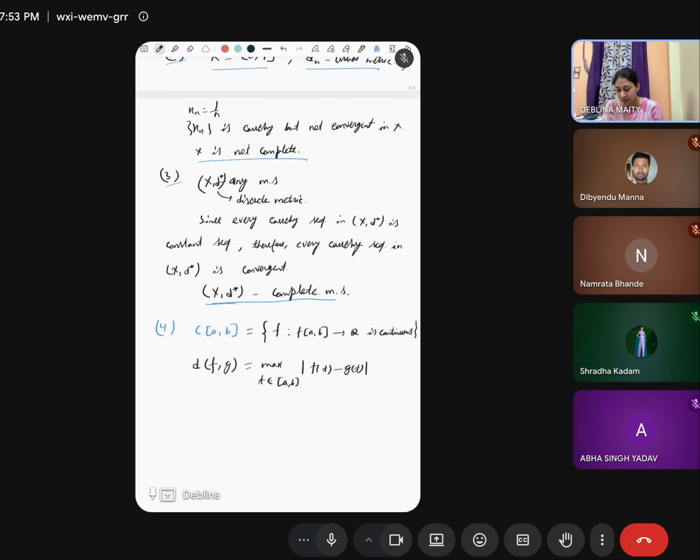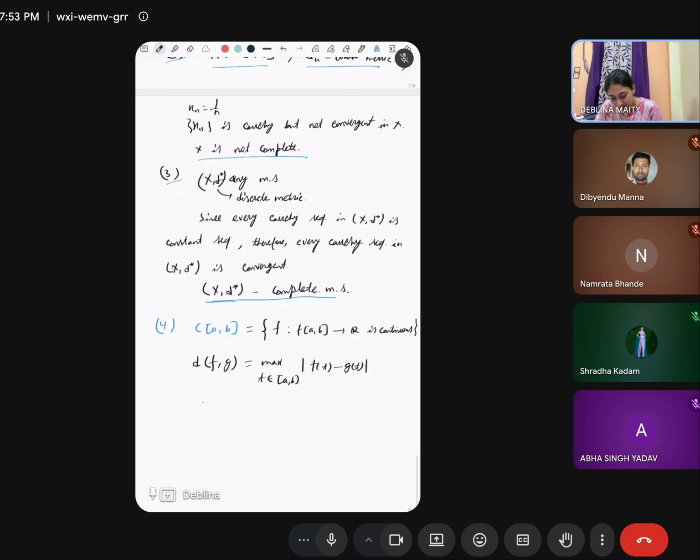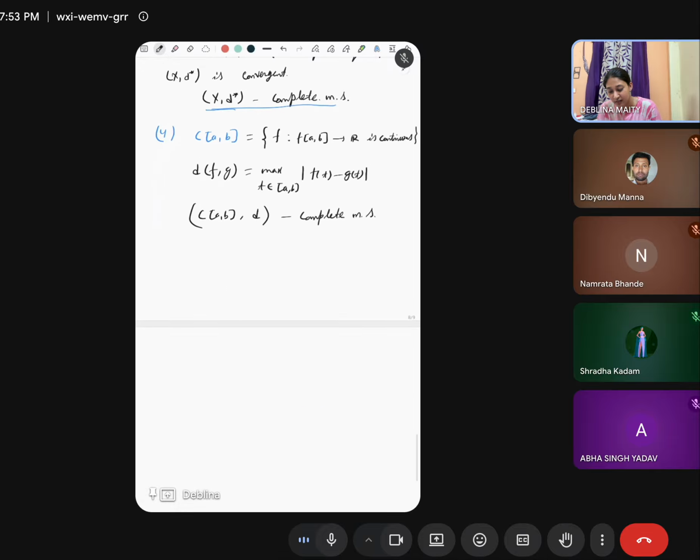So C[a, b] with this metric d is a complete metric space. We will prove this right now.